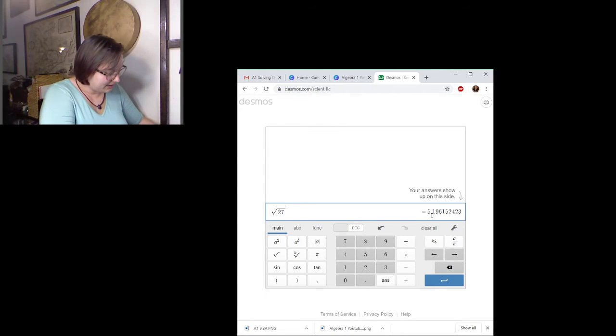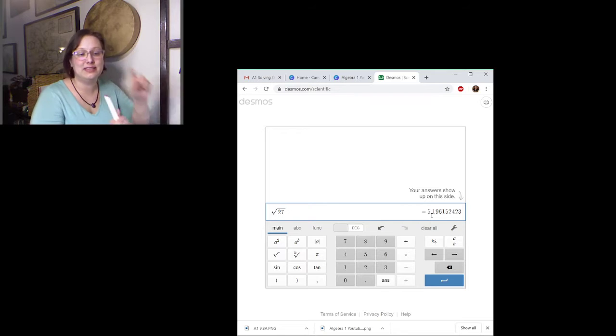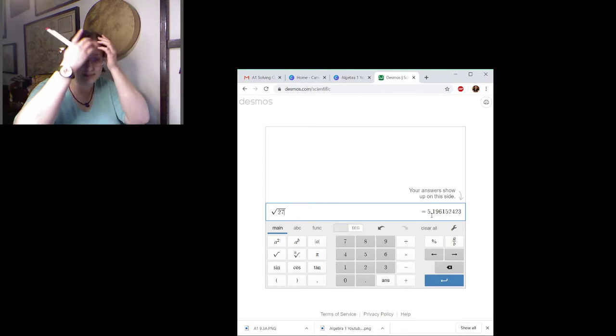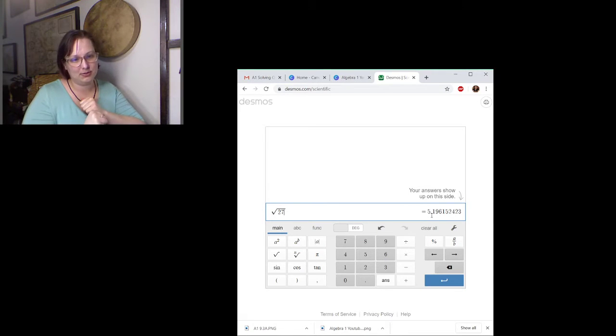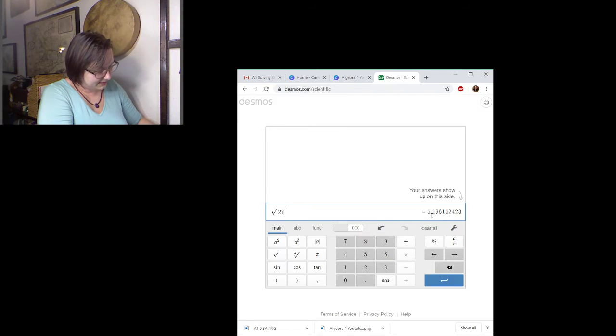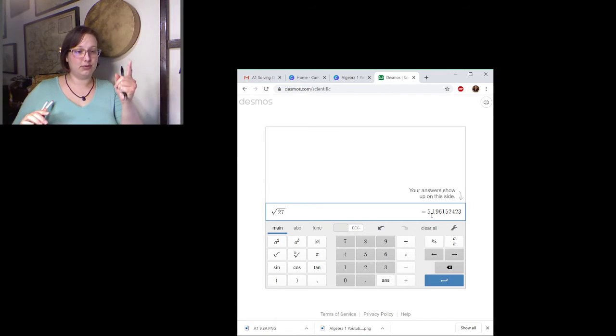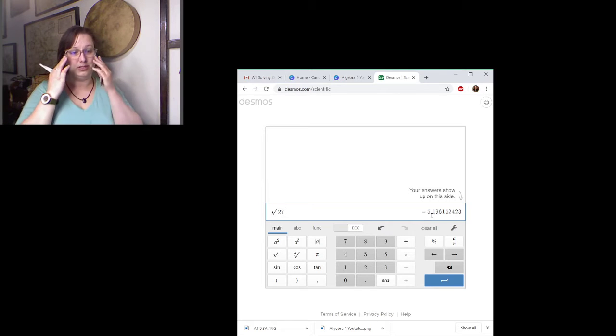I would much rather have it be in what's called radical form, which means it still has the square root, than for it to be a decimal. But on the graph, it's around 5.2. So on my graph, it would be at 5.2 and negative 5.2 would be my two intercepts.